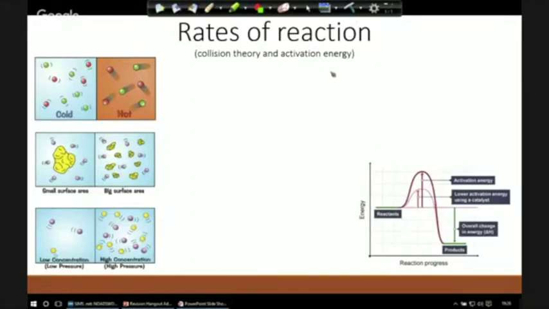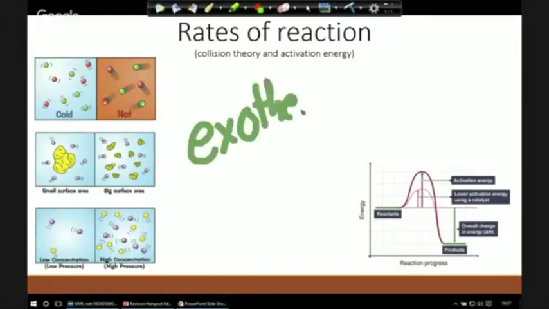Finally, with all of the rates of reaction collision theory parts, you're going to need to know two graphs for your exam. These are the graphs that relate to whether our reaction is exothermic or endothermic.